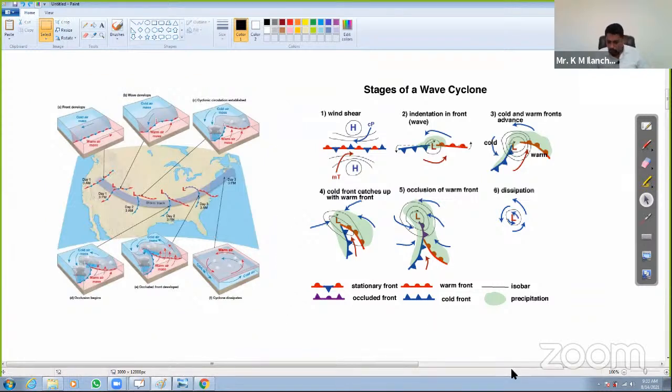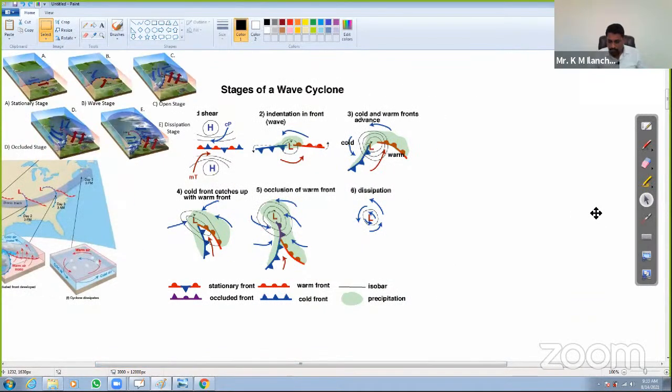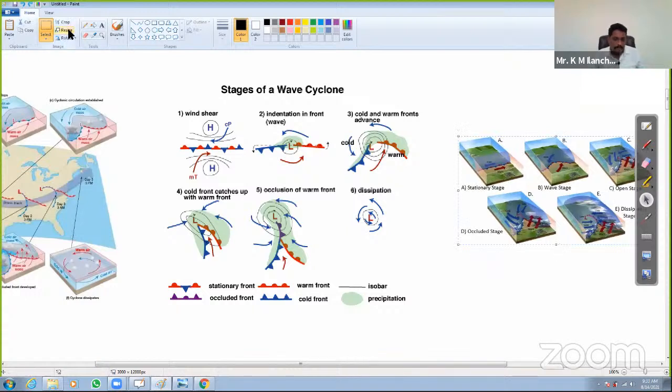I am copying too many images, but I just want you to take only one or two. I will tell you what exactly you have to select.